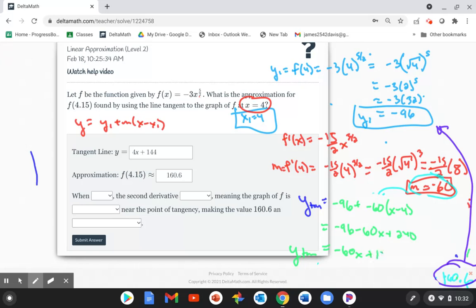Plus 144. And we'll go ahead and plug in our 4.15. So let's say f tan of 4.15 is negative 60 times 4.15 plus 144.